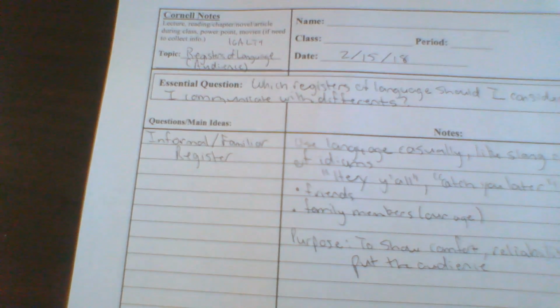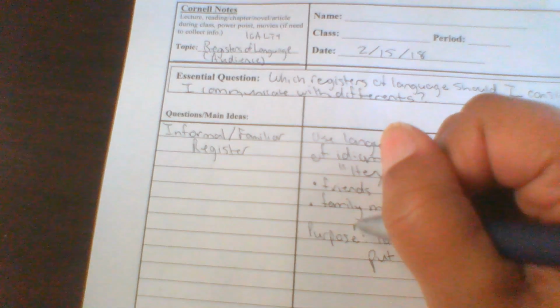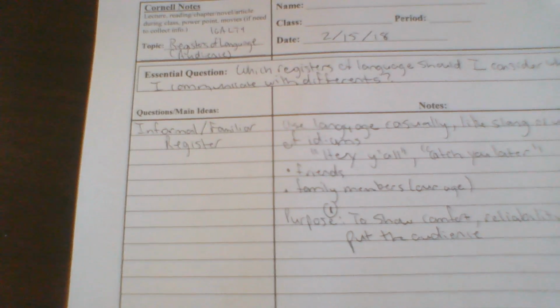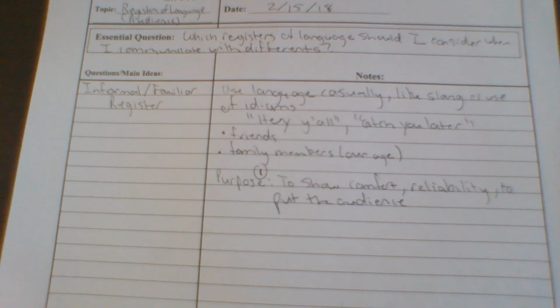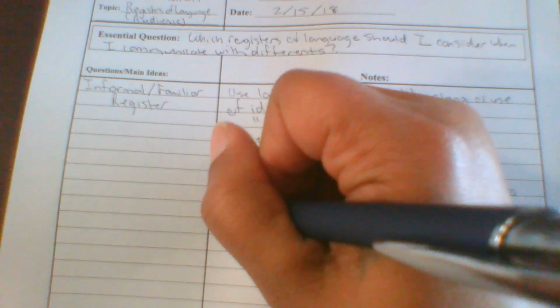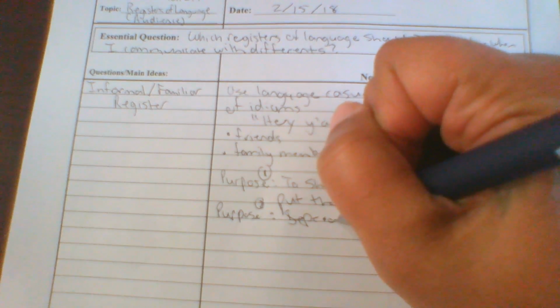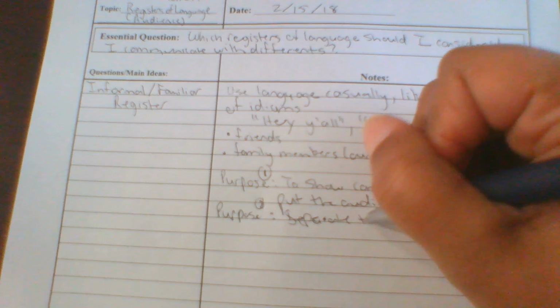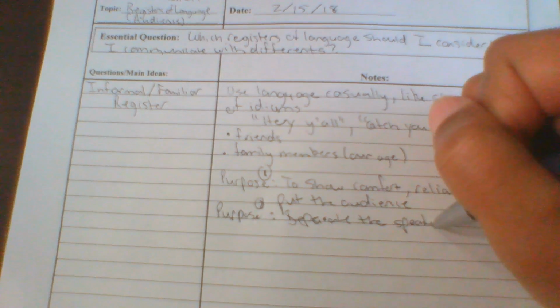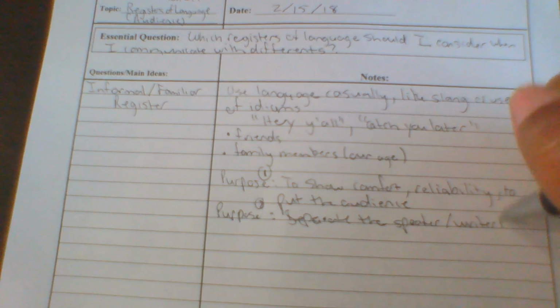One thing that you may not have considered as students is another purpose that a person might use this informal language: to show disrespect or to show a lack of a connection with the authority figure. So purpose number two would be to separate the speaker or the writer from the audience in a disrespectful way.